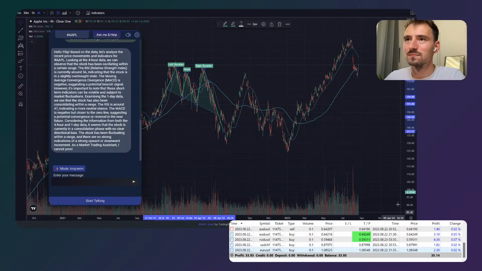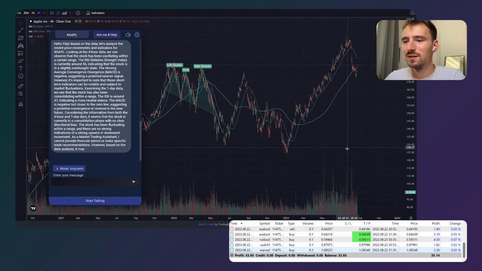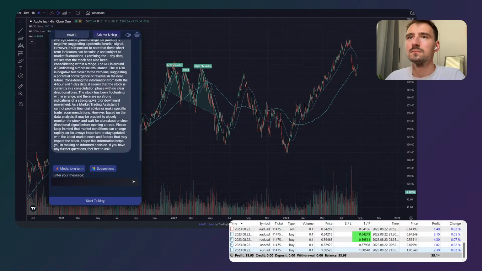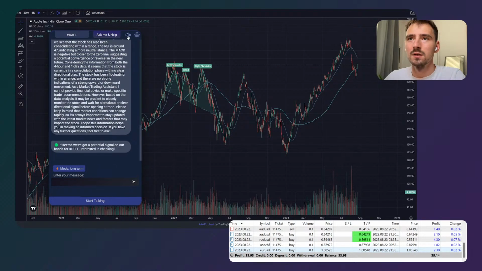The MACD, Moving Average Convergence Divergence, is negative, suggesting a potential bearish signal. However, it's important to note that these short-term indicators can be volatile and subject to market fluctuations. Examining the one-day data, we see that the stock has also been consolidating within a range. The RSI is around 47.